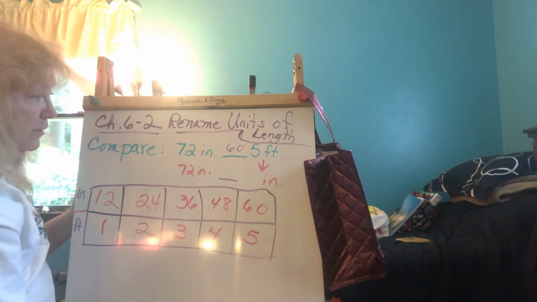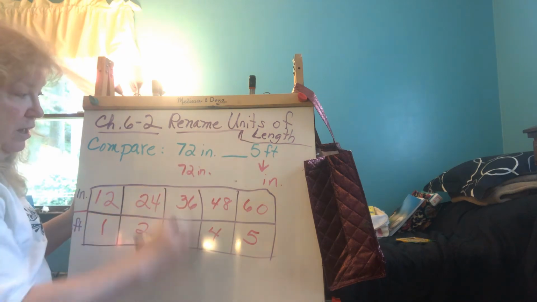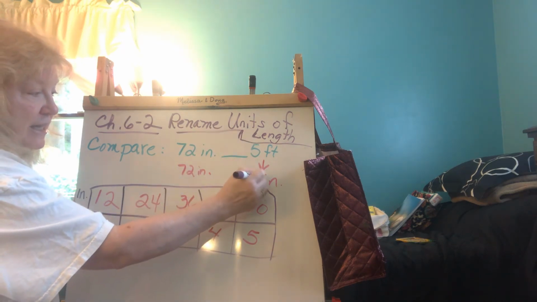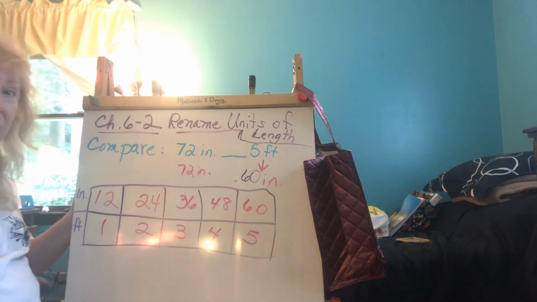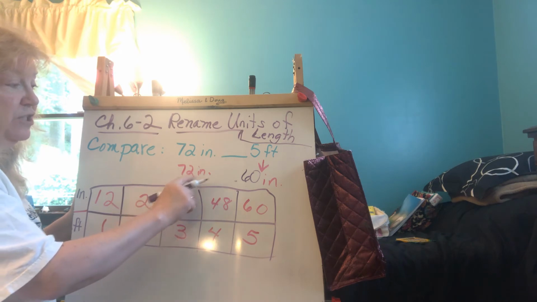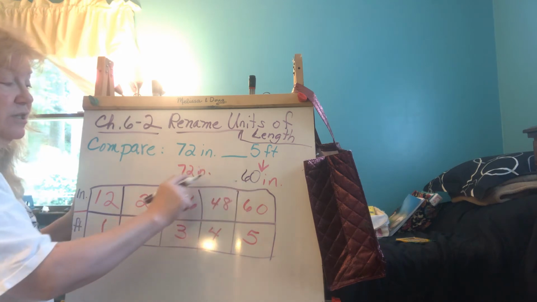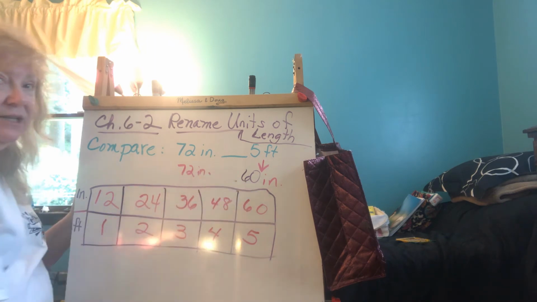I'm not going to put it up here, sorry. I can compare 60 inches and 72 inches, can I? They're both the same thing now. They're both in inches. So which is 72 inches: greater than 60 inches, equal to 60 inches, or less than 60 inches?